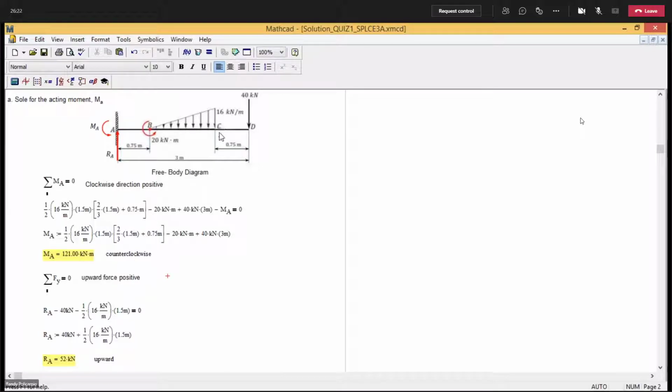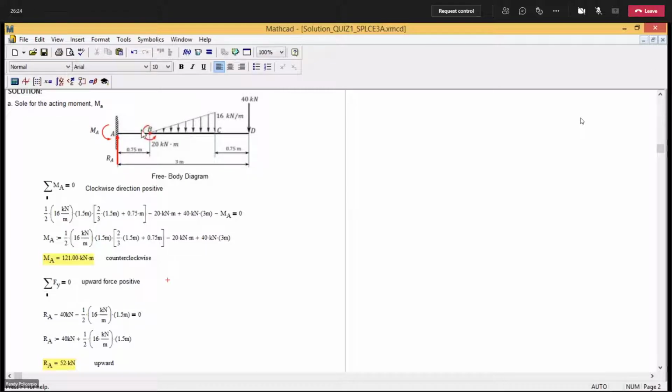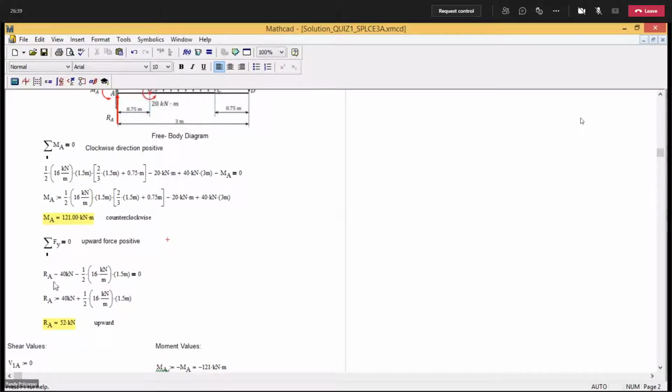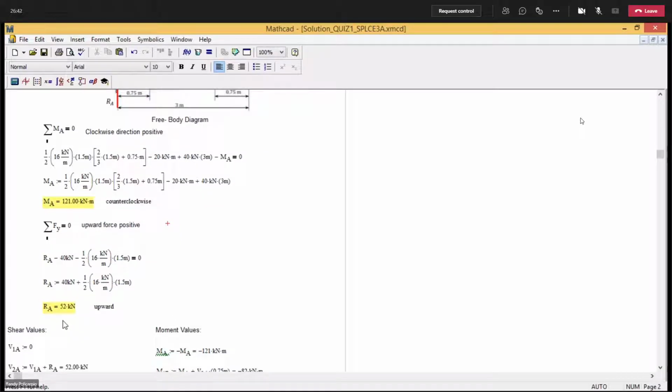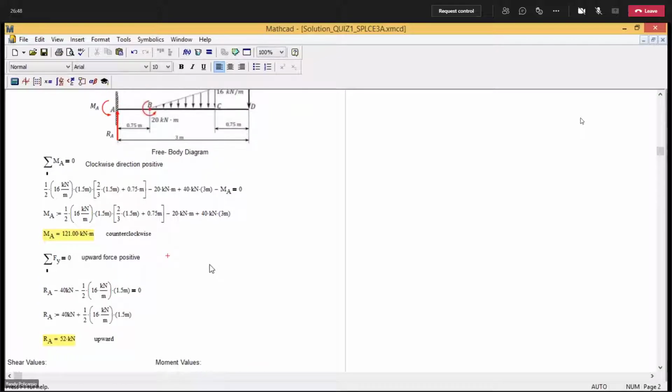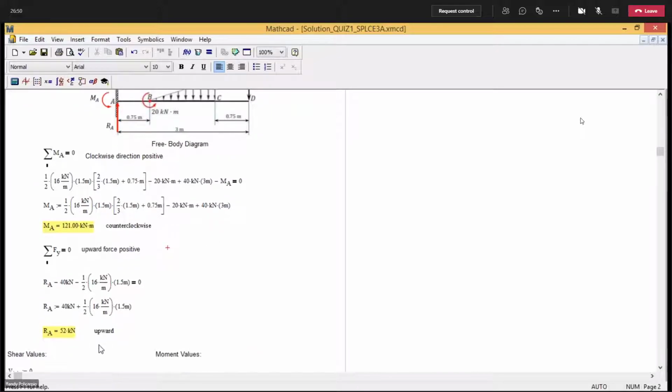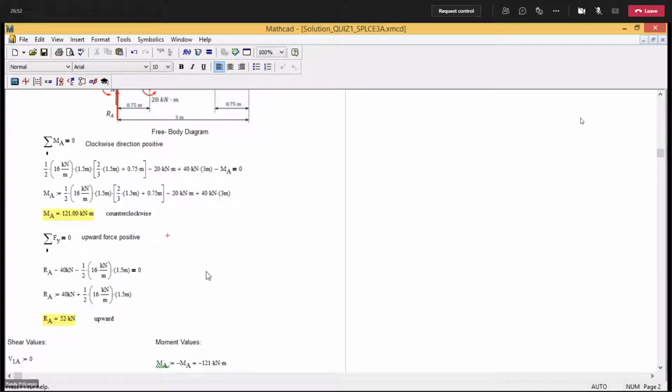And the equivalent concentrated load of this uniformly varying load will be acting downward, so that is why it is also negative. The couple will not be included because this is a moment, not a force. So we equate it to 0. Isolating RA, it is 52 kilonewtons and it is positive. So therefore, our direction is correct. Our RA is upward.